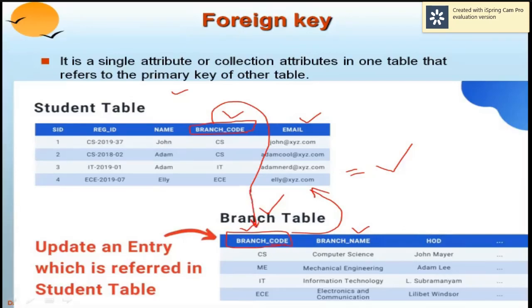Listen very carefully. The branch code in the branch table is considered the primary key, and the same branch code in the student table is taken as a foreign key, which is used to link the branch table with the student table. The student table carries a separate primary key, it can be SID or registration ID, but this branch code is considered a foreign key.